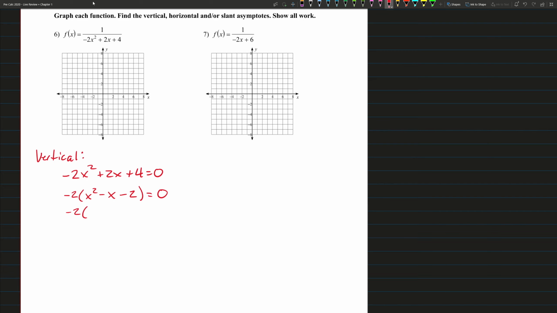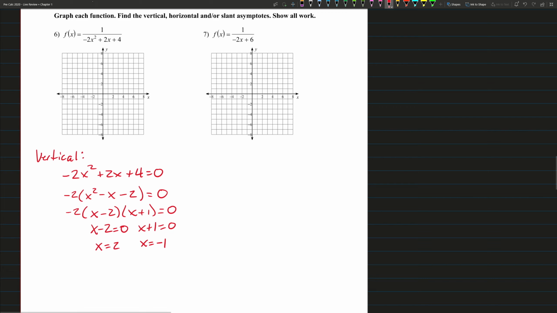So factors of negative 2 that add up to negative 1. So just negative 2, positive 1. So you get this. And then we're just solving. So x minus 2 is equal to 0. x plus 1 is equal to 0. So x is 2, and x is negative 1. Okay, so those are vertical.